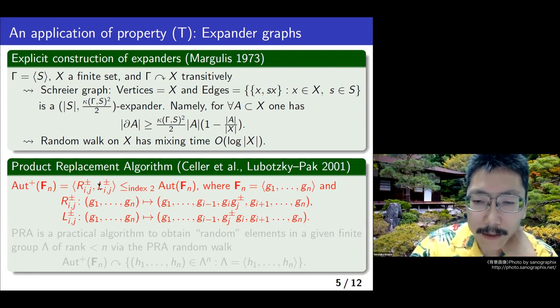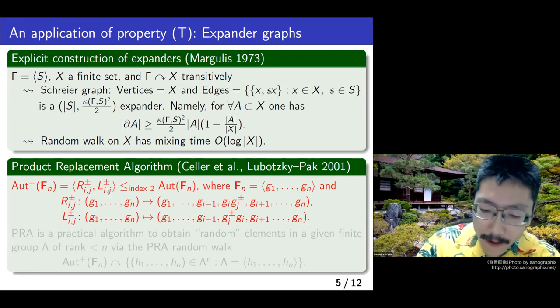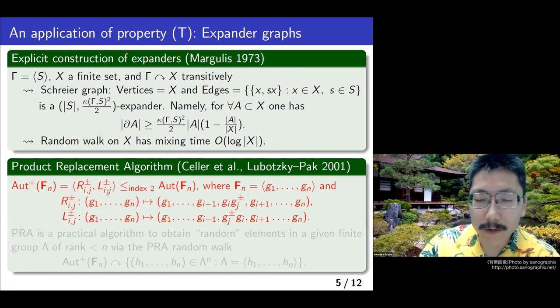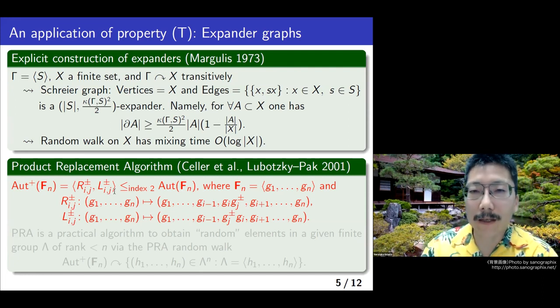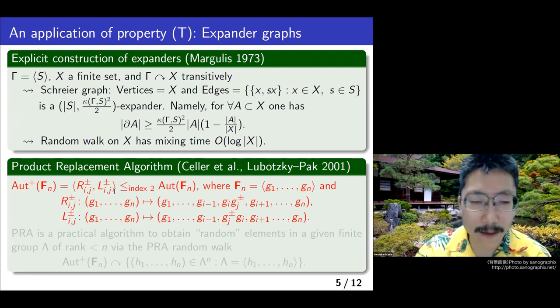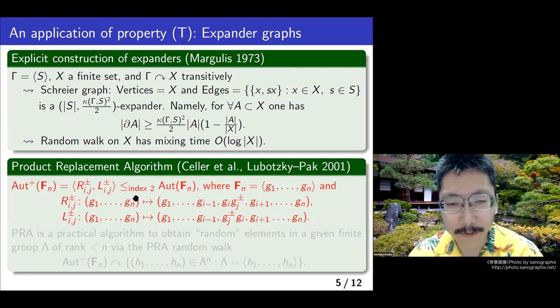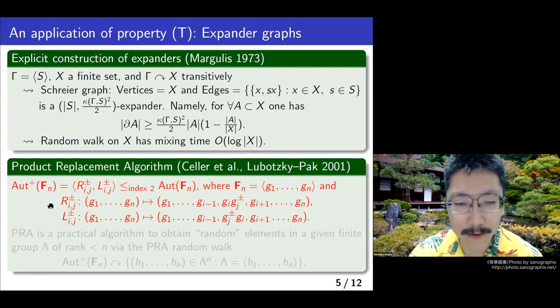It's generated like SL_N(Z), by transvections, the elementary matrices, with ones on the diagonal and only one one off the diagonal. But in the free group case, it's non-commutative, so there are right transvections and left transvections, given explicitly in this formula.